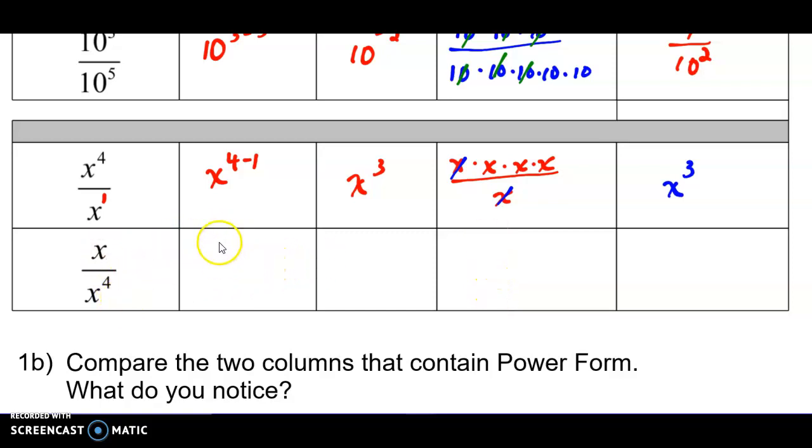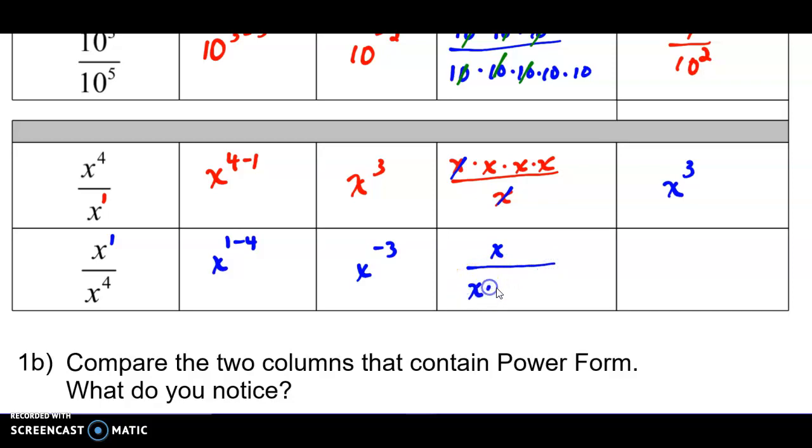We'll work with the denominator now. Remember, this is x to the power of 1, divided by x to the power of 4. Subtract 4, so the rule stays the same. 1 subtract 4 is x to the negative 3 this time. So let's go the long way. I have 1 factor of x in the numerator.